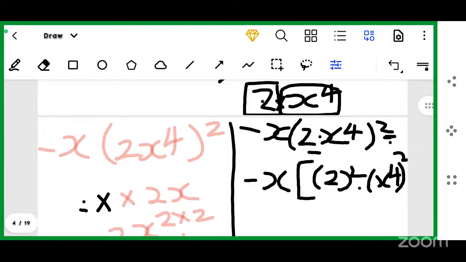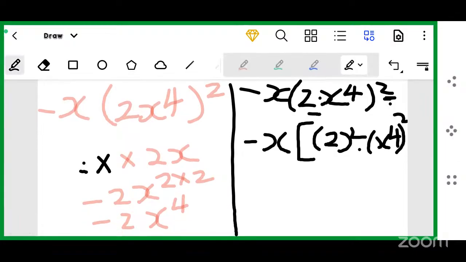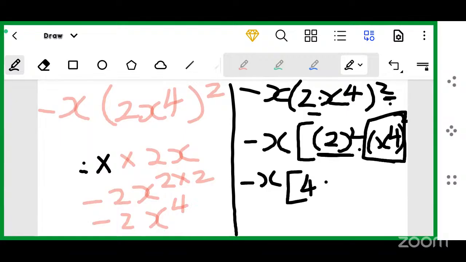So when we carry on with this one, we're going to have our negative x, and we say 2 to the power of 2. What is 2 to the power of 2? 4. 4, perfect. So we write our 4, multiply by x to the power of 4 in brackets and the to the power of 2 outside the bracket.